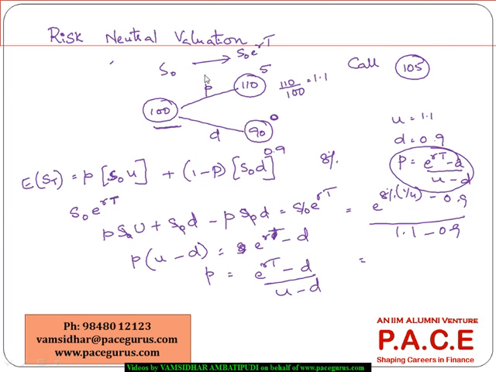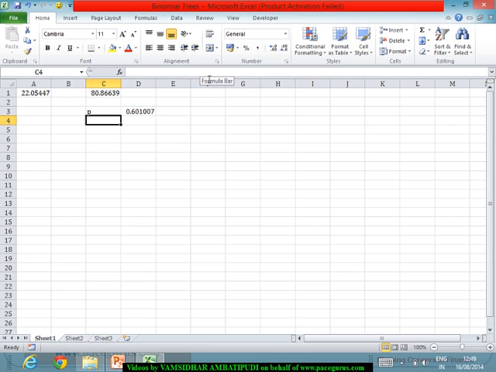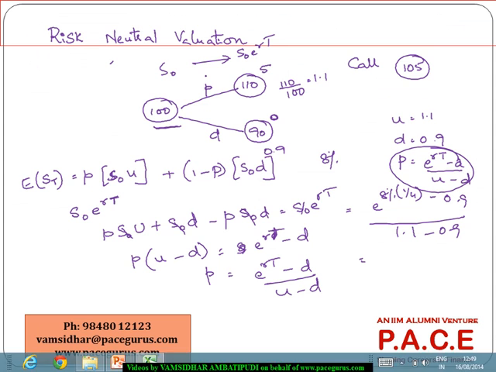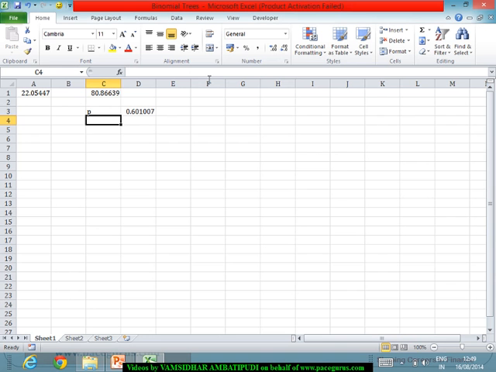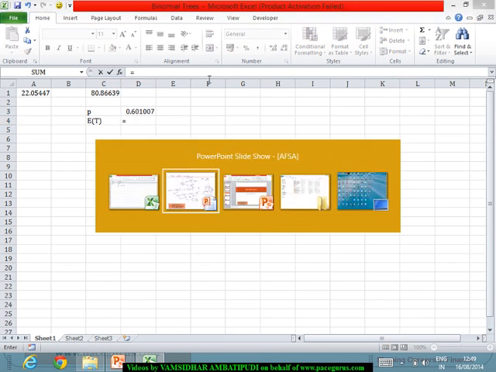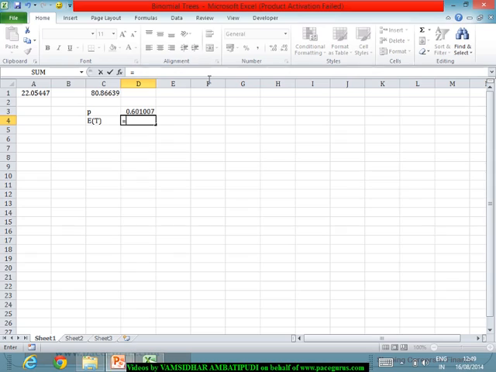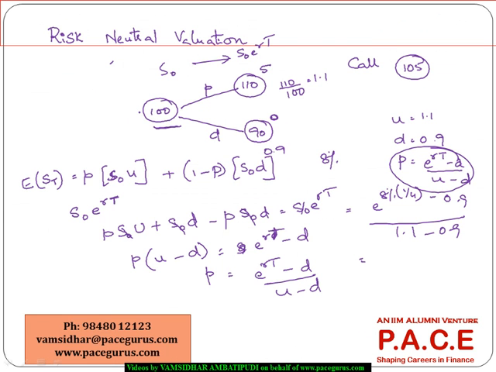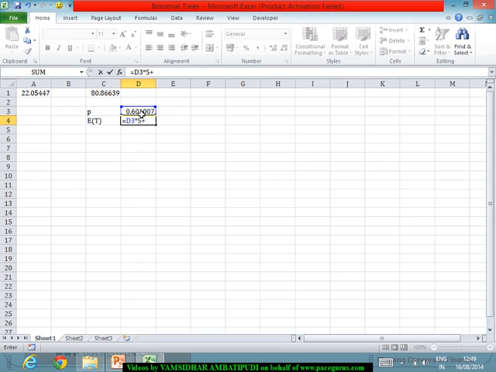So from here I can find out the expected payoff associated with this 105 call. So expected payoff is coming out to P times the upward movement. When the stock price goes up, the option is having a value of 5, and 1 minus P times, when the stock price is going down, the option value is going to be 0.